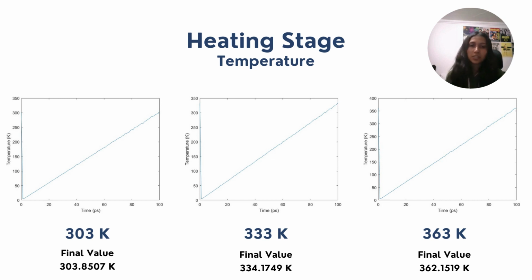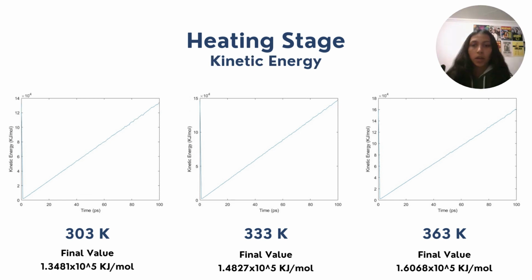For the first system, we can see that the last recorded value was 303.85 Kelvin. For the second system, it was 334.7049 Kelvin, and for the third system, it was 362.1519 Kelvin.